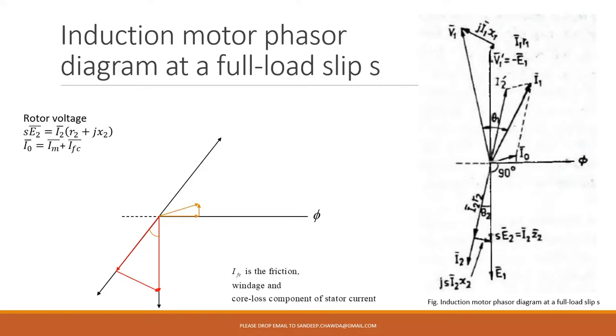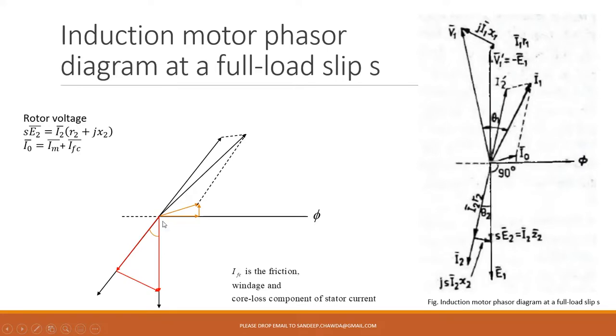Okay, you are having I0, and we have now drawn I2 dash. Just reverse it, I2. Then this cannot be obtained unless and until you are having this I0. So for obtaining this I0, before obtaining it, you need to first draw this one, E1 dash.